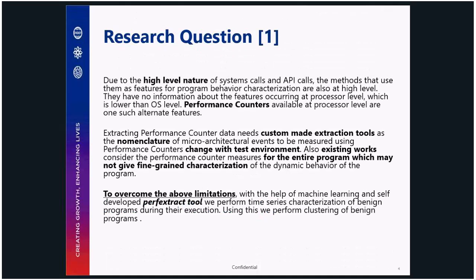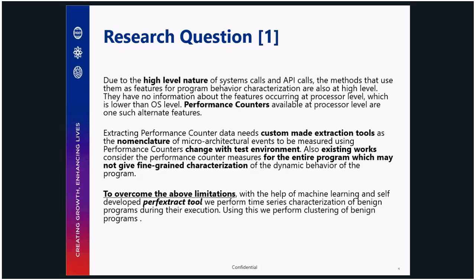So the research question: why did we choose performance counters? Because the system calls, API calls and other things people use for dynamic analysis are mostly high level in nature, and the methodologies built using these features also deal with high level data.